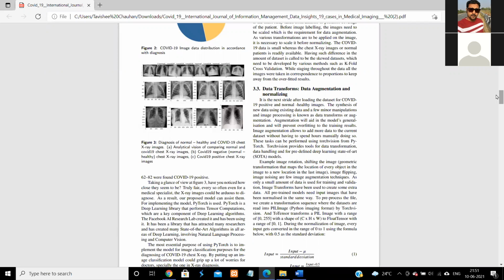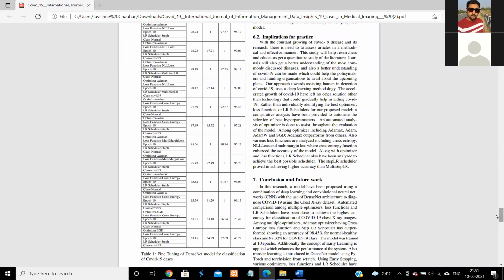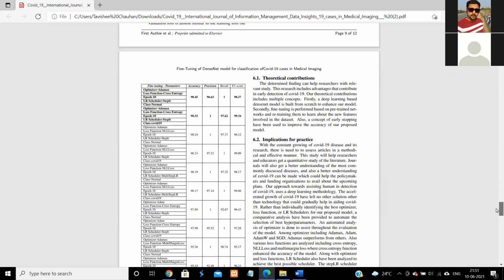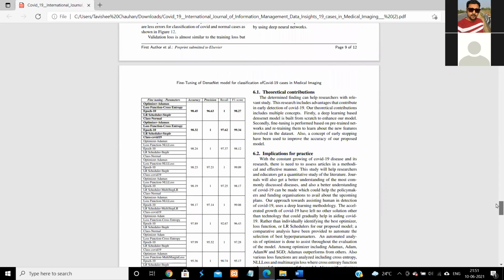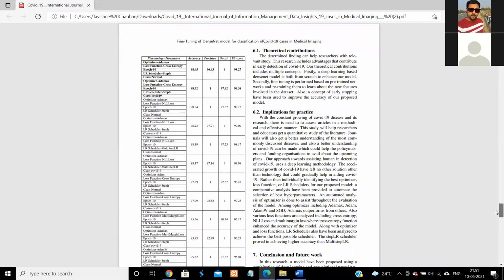And if you go to the last section, just before the conclusion, we have talked about all that. So the implication for practice, and before that, if you go to 6.1, the theoretical contribution of the paper. So for all those who are actually writing the paper, I would suggest you go through this article once at a higher level. You don't have to read the entire article because you all are publishing papers on different use cases and different problems that you're trying to solve, right?